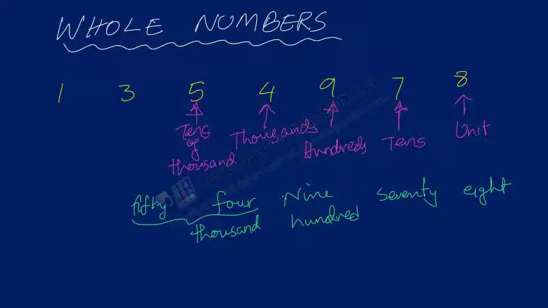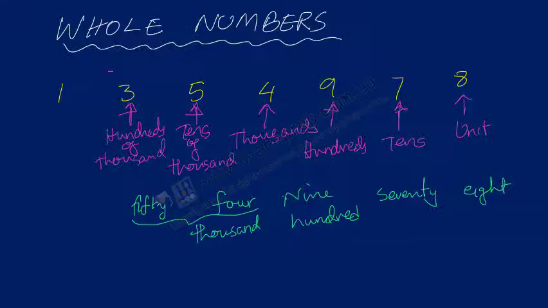The next number is 3. Now what does 3 represent? It represents how many hundreds of thousands we have. How many hundreds of thousands?